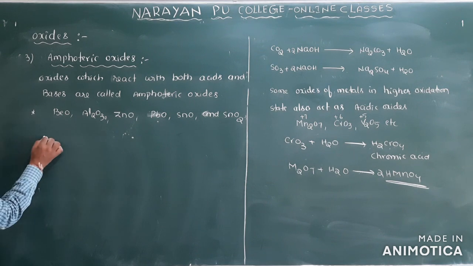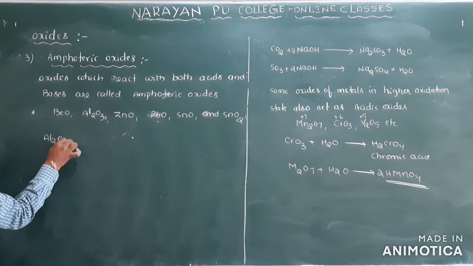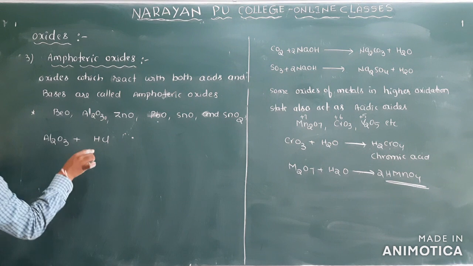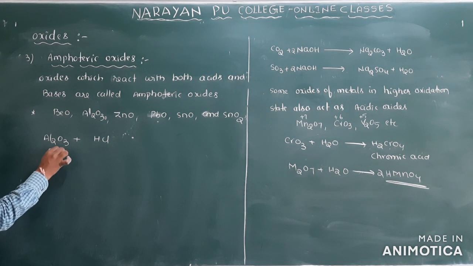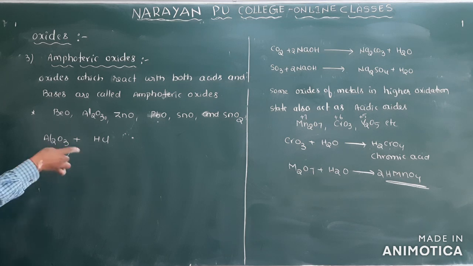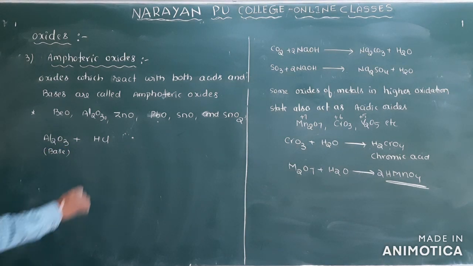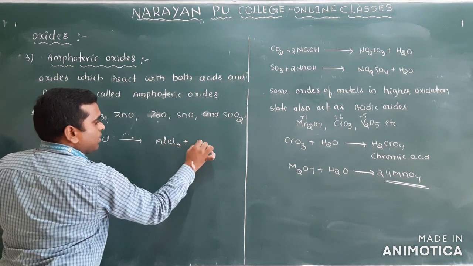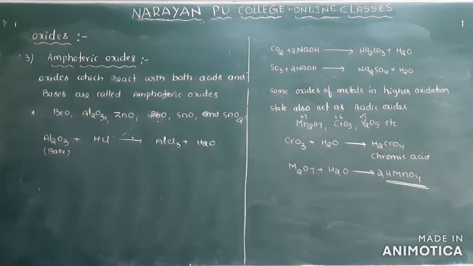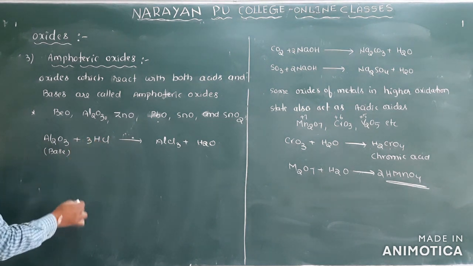Suppose if I take Al2O3 treated with HCl, now it is acid, so Al2O3 acts as a base, because it is amphoteric, it will show both the acid character and basic character. So what you will get? Salt plus water: AlCl3 plus H2O. Clear? So here 3 chlorine atoms are there.